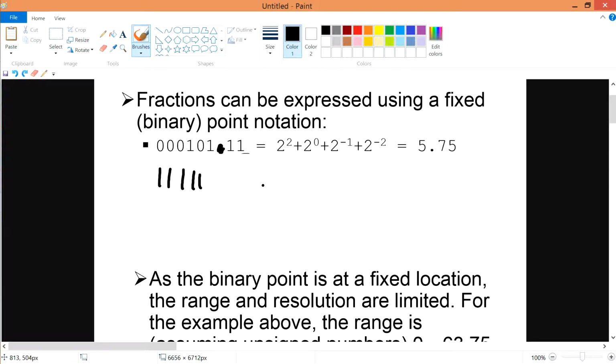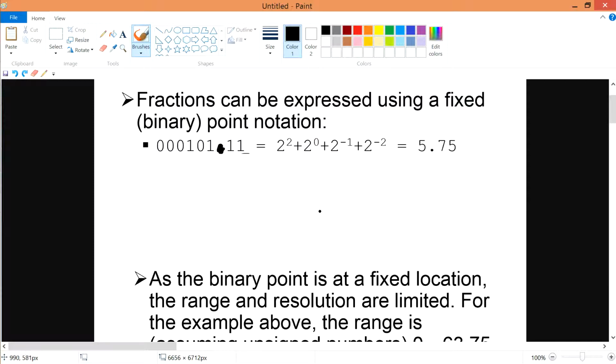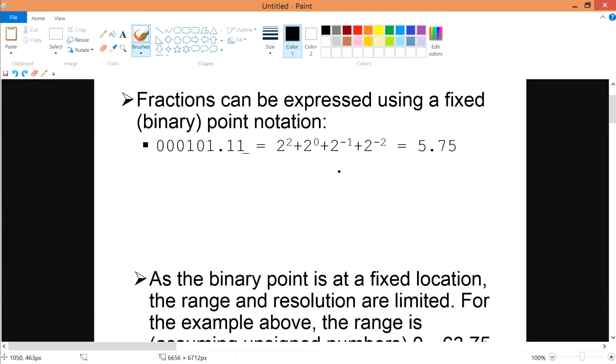The fewer bits you have, the smaller the range, and the resolution is limited by your 2 to the negative 1, negative 2, etc. So fixed point numbers have their own constraints to represent precision. It's pretty tough to represent precision.